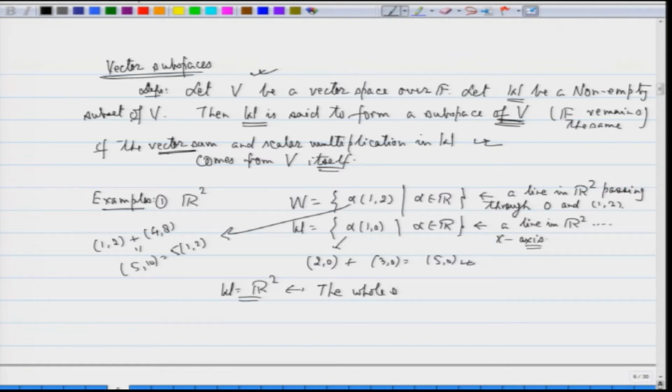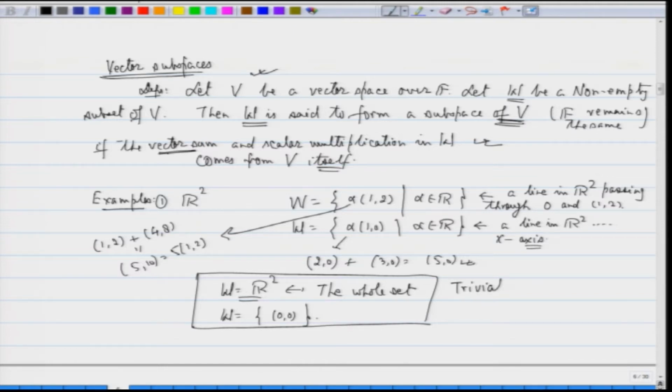I can also take W to be just the 0 vector (0, 0) and nothing else. These two examples, where W is the whole set or W is just the 0 vector, are called trivial subspaces of R2.